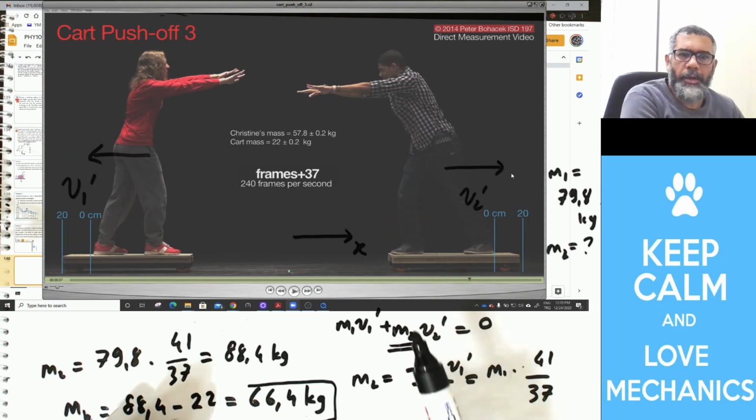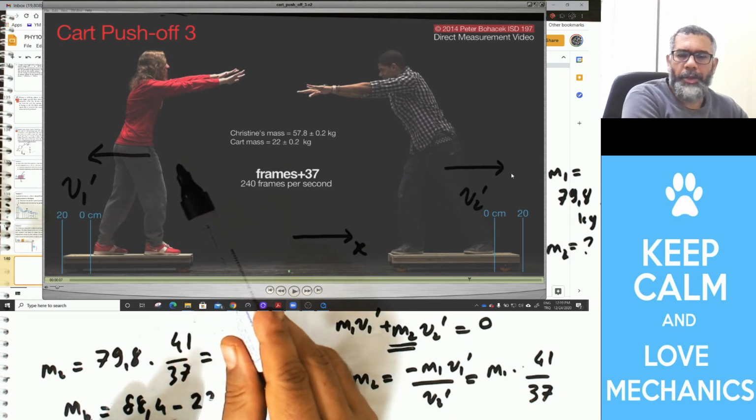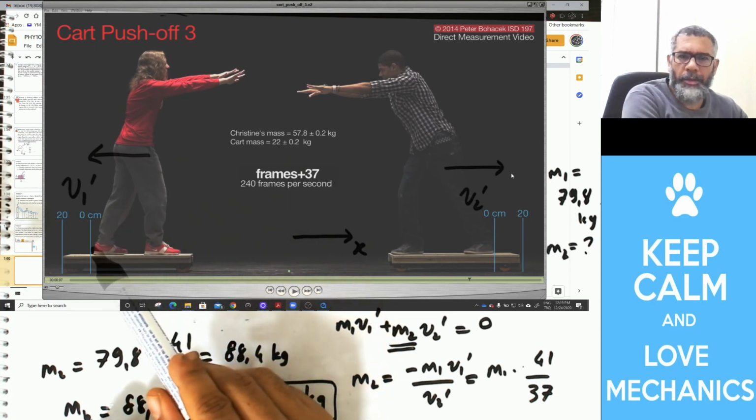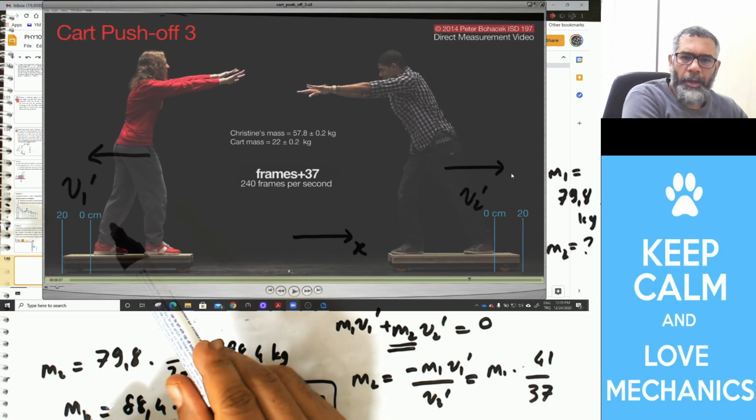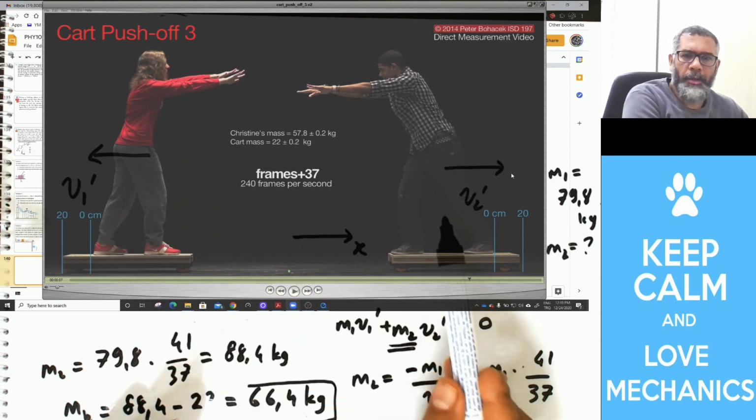Well, girls are lighter than boys most of the time, anyway. But it was clear that the girl was moving faster, right? She was moving, taking this 20 centimeters in 37 frames, while the boy was going the same distance in 41 frames.